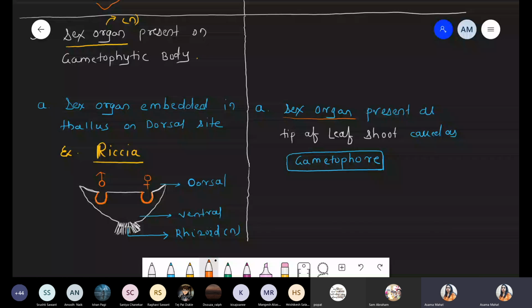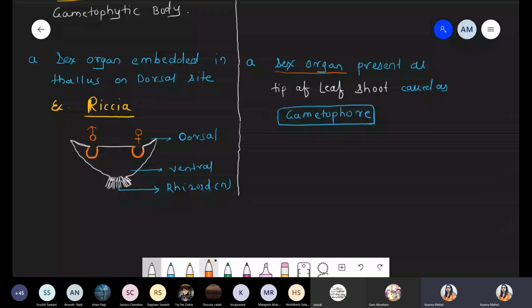So what is the meaning of this gametophore? Gametophore means a special type of structure where the sex organ is present on the tip of the leafy shoot. Okay, so the diagram we drew above, you can draw it as it is. For example, suppose this is the stem-like structure. Now these are the root-like structures, and the entire structure is covered with leaves like this.